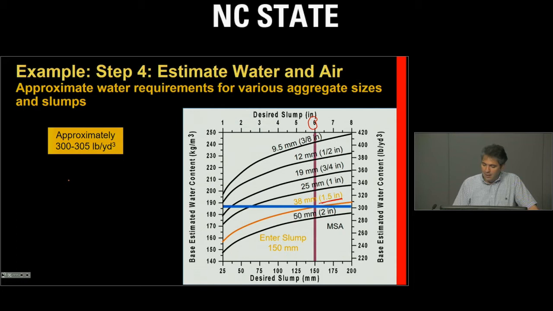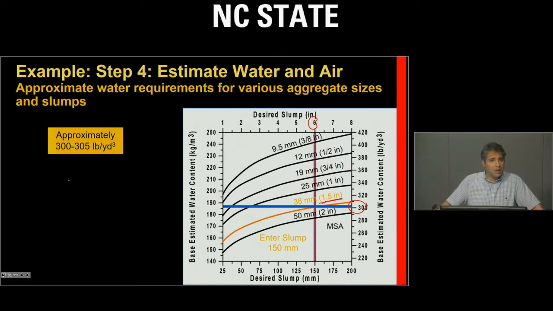Then we draw a horizontal line, and we see that to achieve a 6-inch slump with 1.5-inch aggregate size, we need something around 300 pounds of water per cubic yard of concrete. Something around 300 to 305.